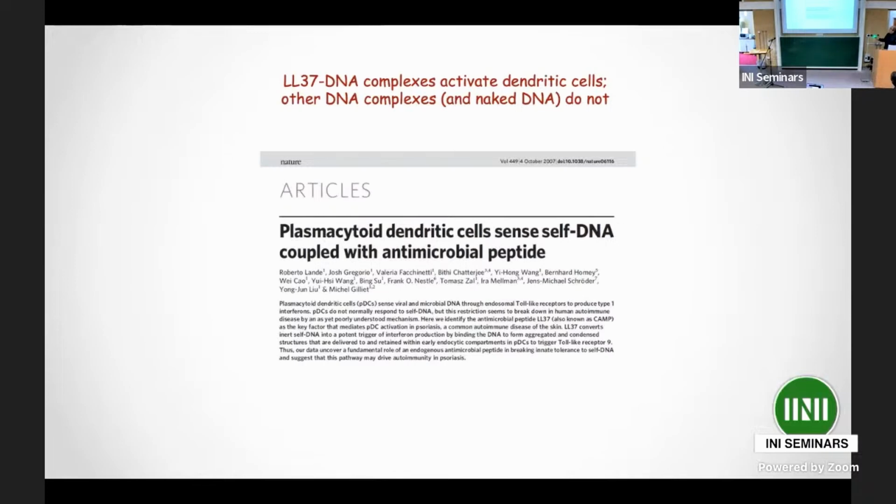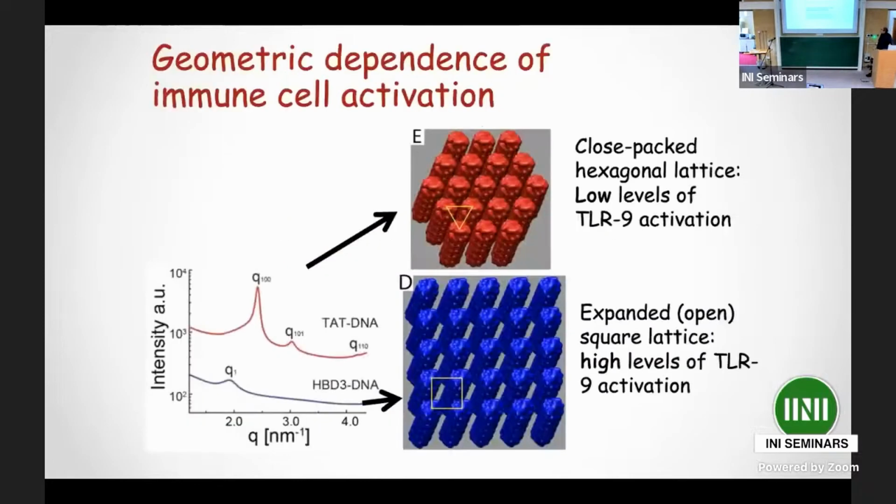It has been established that a peptide called LL37 does that quite efficiently, and this has been known since 2007, let's say, but there was no explanation, no understanding why LL37 does that and why other peptides do not, and how it works.